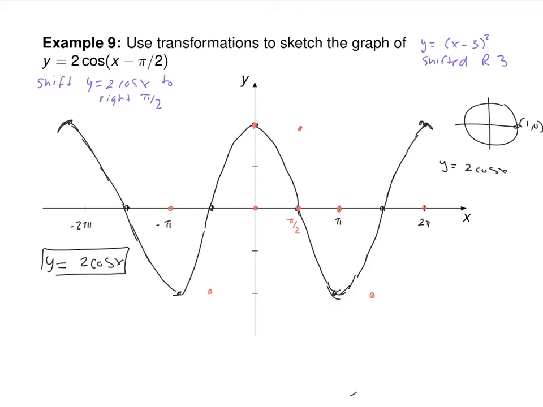And pi halves wasn't so bad because my axes are ticked by pi halves. Does that make sense? So does this kind of turn into a sine function? It does. Do you guys see what he's saying? That shifting that cosine curve forward pi halves made it into a sine curve.